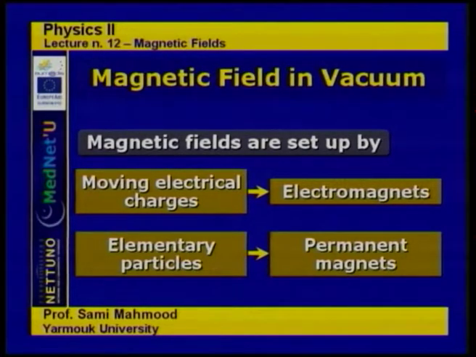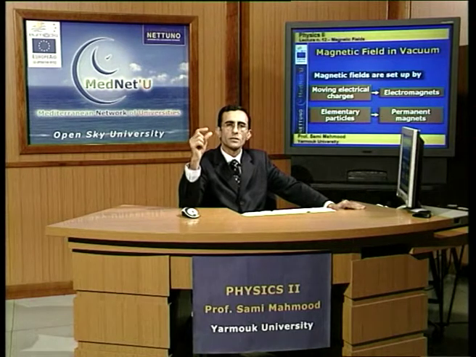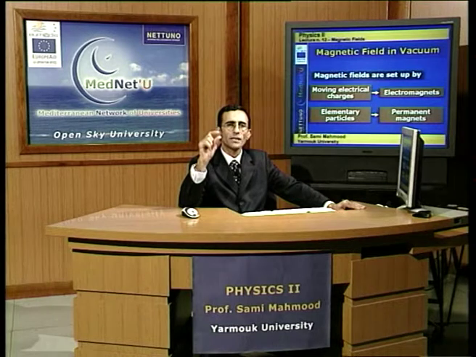Also, we can set up magnetic fields in space by the effect of some special elementary particles. Elementary particles naturally have magnetic moments, or they are like small, tiny, magnetized materials.